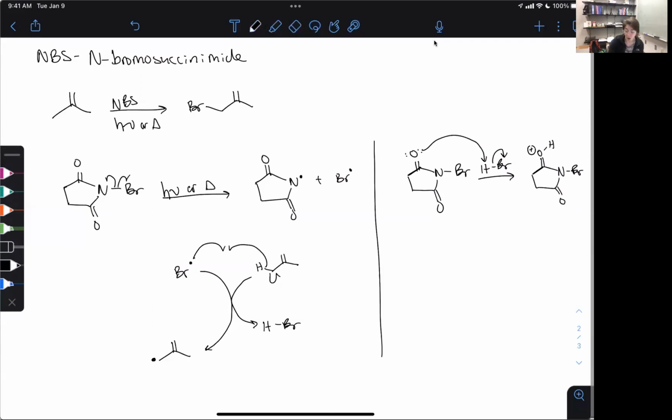Okay, we can draw a resonance structure of that. Essentially what we have here is we formed the whole piece here into a pretty good leaving group.